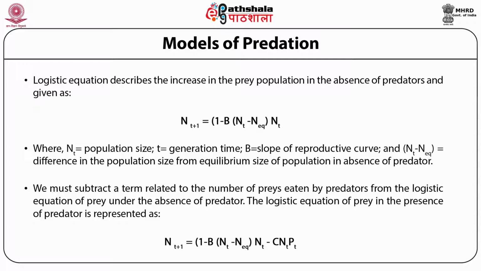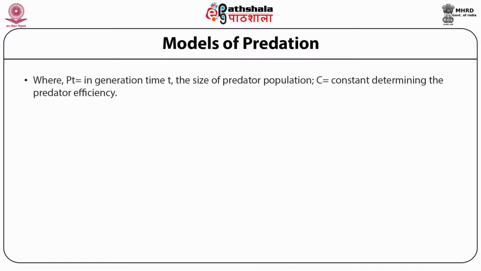The logistic equation of prey in the presence of predator is represented as, where P_t is the size of the predator population in generation time t, and C is a constant determining the predator efficiency.